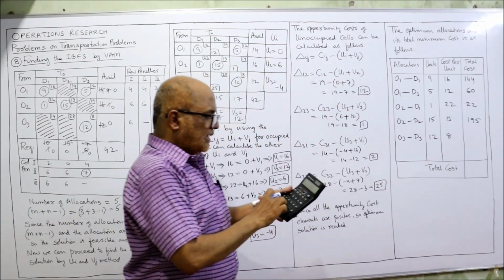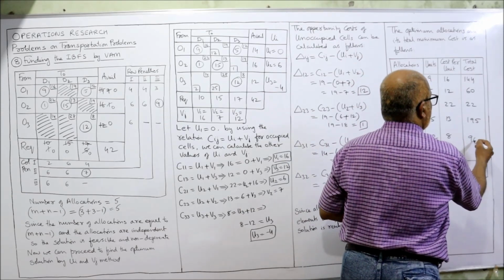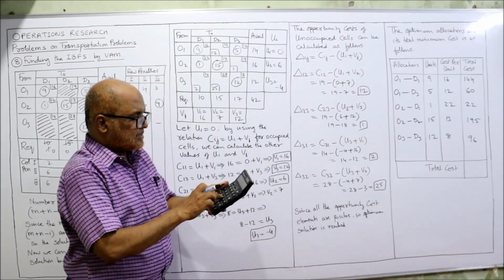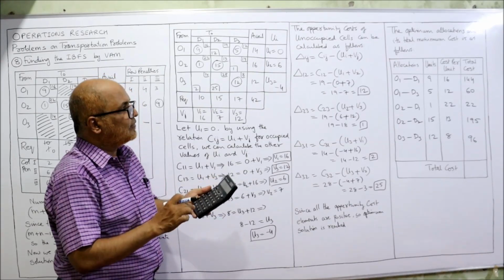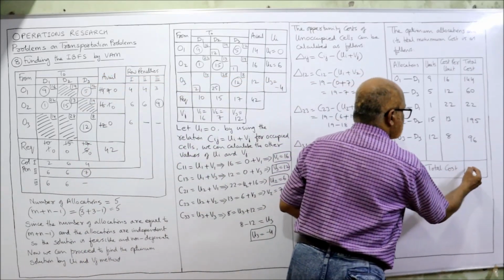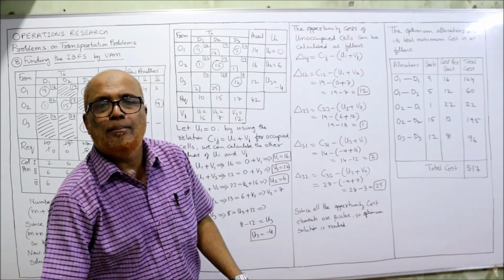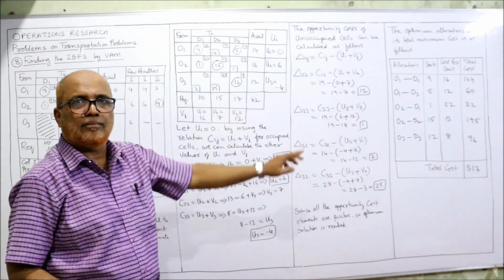Then 12 into 8 is 96. Now we add up all the cost. 144 plus 60 plus 22 plus 195 plus 96 comes to 517. That's all. This is the minimum total transportation cost from this allocation.